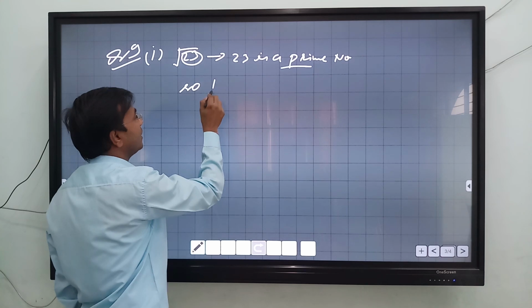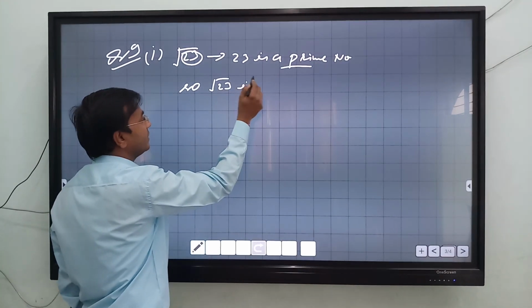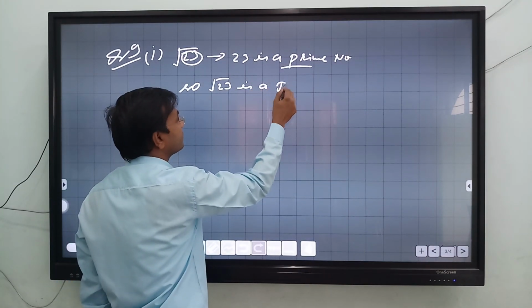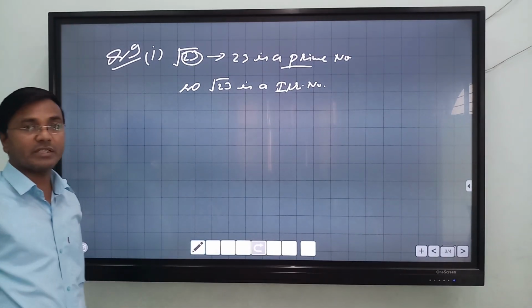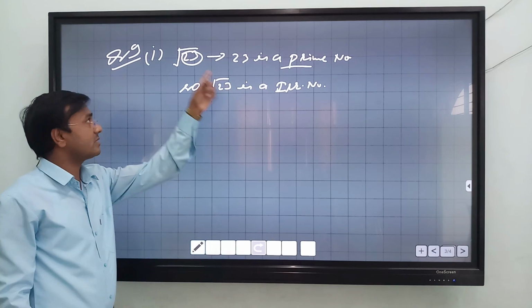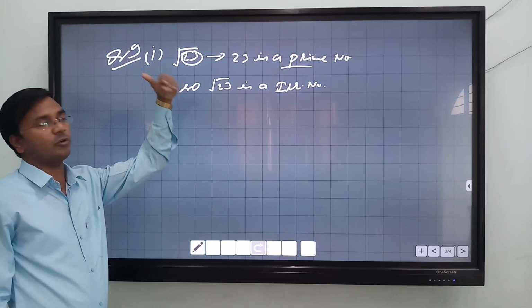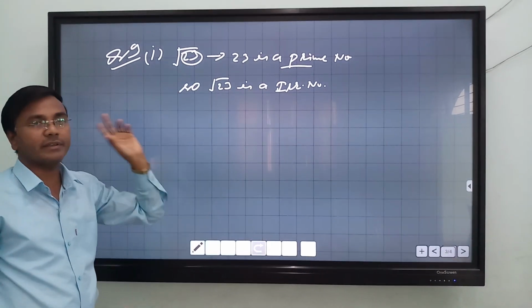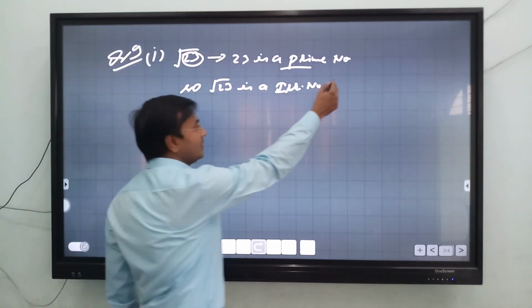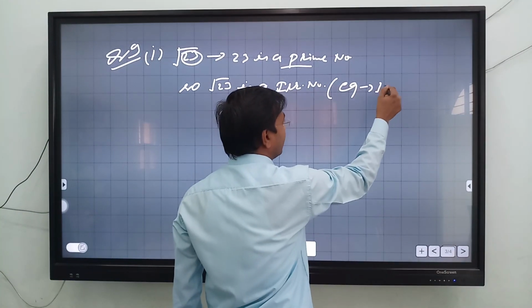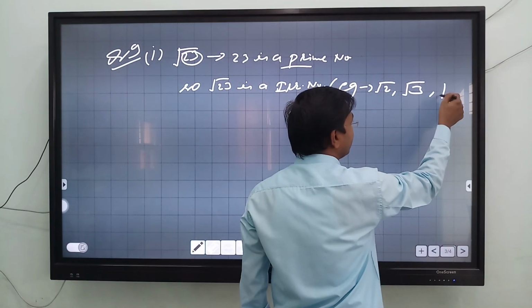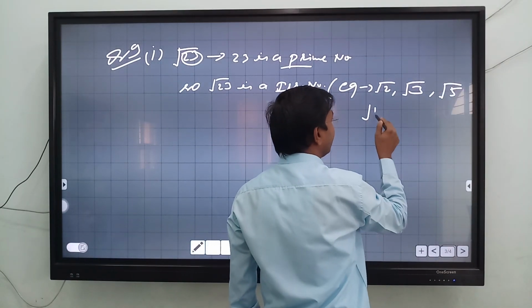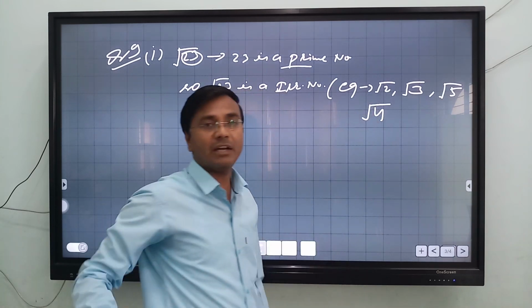So under root 23 is an irrational number, because if there is a square root and it cannot be factorized, the number must be irrational. Some examples I already discussed: under root 2, which cannot be simplified further, under root 3, under root 5.